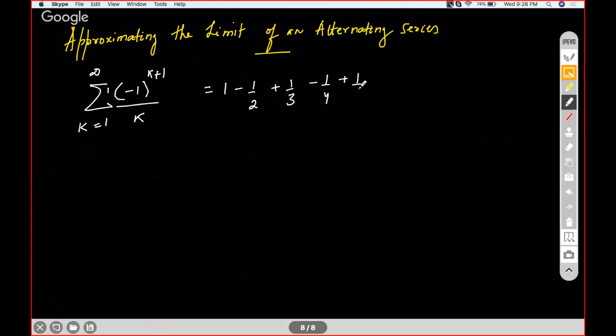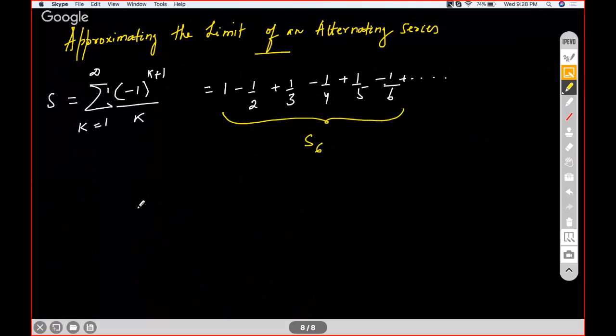Let's say I call this series S. Now, if you try to approximate this series by taking a certain number of terms, let's say I take the first 6 terms, normally we call this S6.